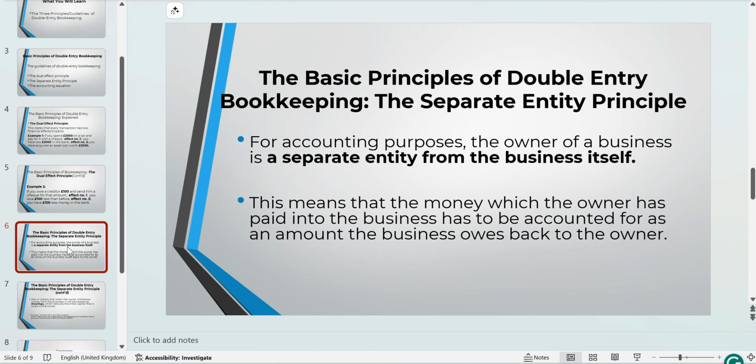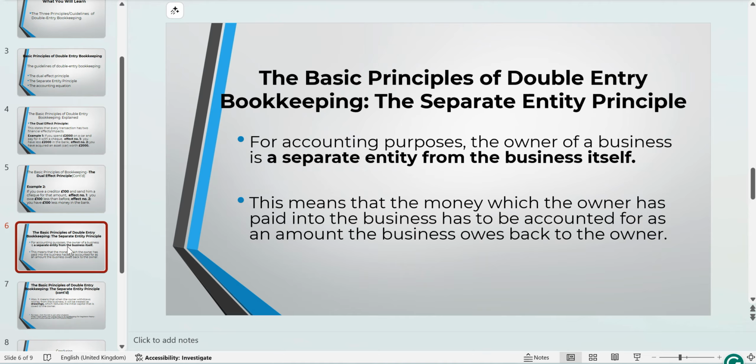The next principle is the separate entity principle. This means for accounting purposes, the owner of a business is a separate entity, or a person, from the business itself. That is why when you pay in capital or introduce capital into your business, the business owes you that capital amount, because the business is considered different from you.